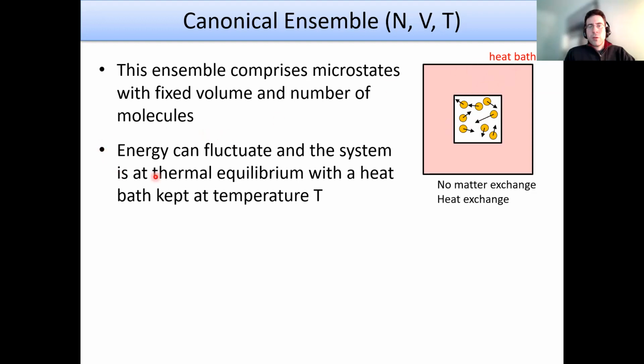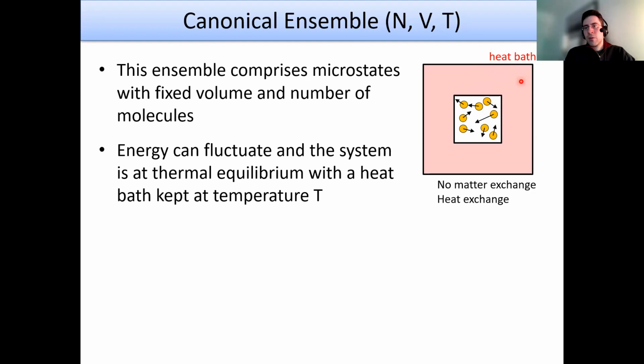In these energy fluctuations, we're going to get some fluctuations of the temperature around a fixed temperature, since we assume that the heat bath is much, much larger than the small system. This is a key assumption. We have much more energy inside the heat bath than in the small system.